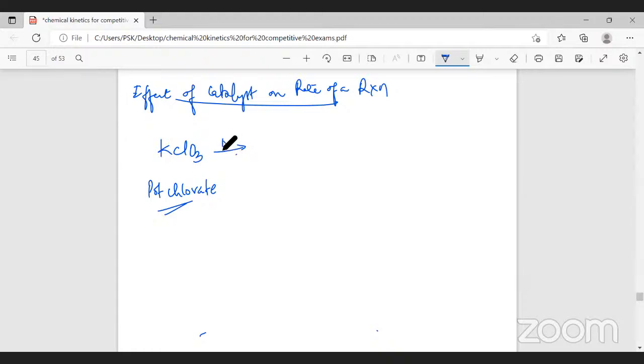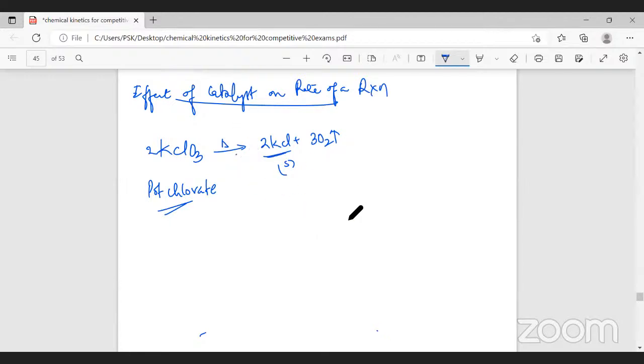When you heat potassium chlorate, it decomposes to form potassium chloride, liberating oxygen. So one method of preparing oxygen is this: take potassium chlorate and heat it. You get potassium chloride, which is a solid and remains in the container, and oxygen gas gets liberated.